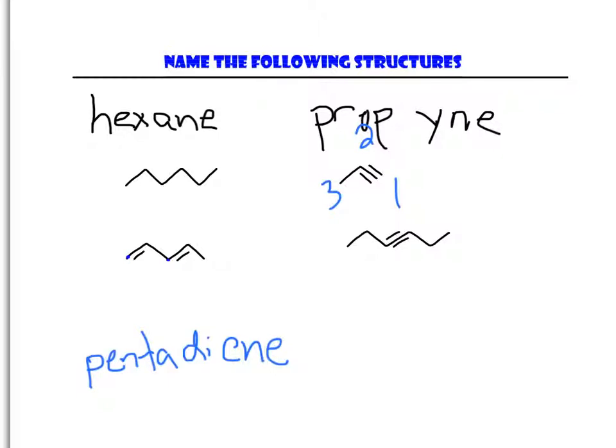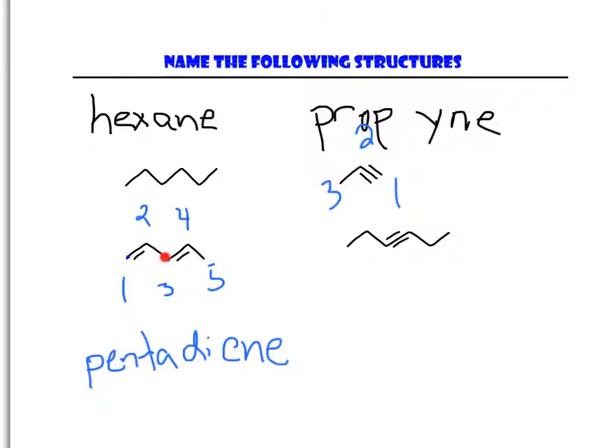And now the last part is if I have this di here, meaning I have 2 double bonds, we need to indicate where those double bonds occur. Remember, we always want our lowest numbers, so I don't want to start from over here. I would actually want to start from the other side. So I'm going to start and say that's carbon 1, 2, 3, 4, 5. And therefore, this first double bond occurs on the first carbon.